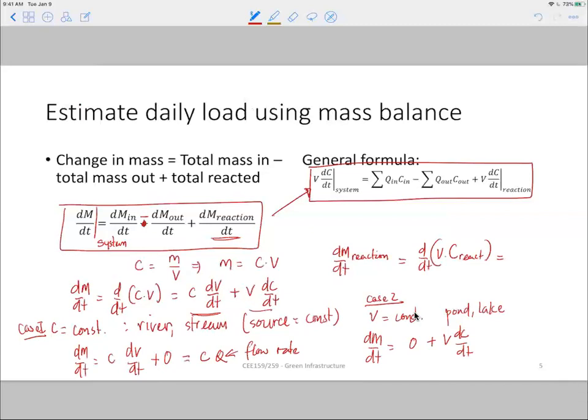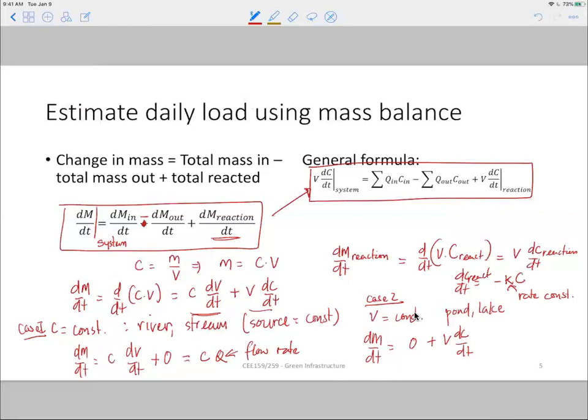Then we can take the volume out, and this will be V dC by dt for reactions. And based on first order or second order reactions, we can always write dC over dt for reactions, for first order, as kC. So k is a rate constant. Most of the systems are usually first order reactions, so we could assume this as first order, but unless it's given a different order, then you have to solve it a different way.